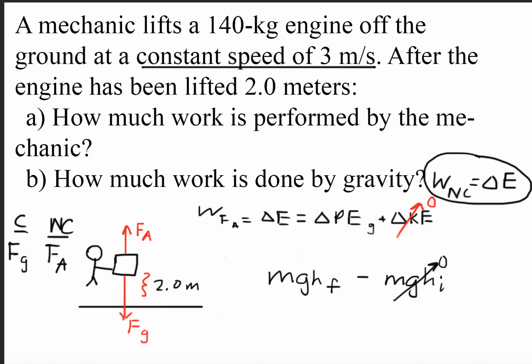So then all we did was focus our attention on our mgh final, and we knew that the final height was 2 meters, and we had the rest of our values here. We already know what the mass was because it was given up here, and we knew what gravity was. We either used the value of 9.8 meters per second squared or 10 meters per second squared.